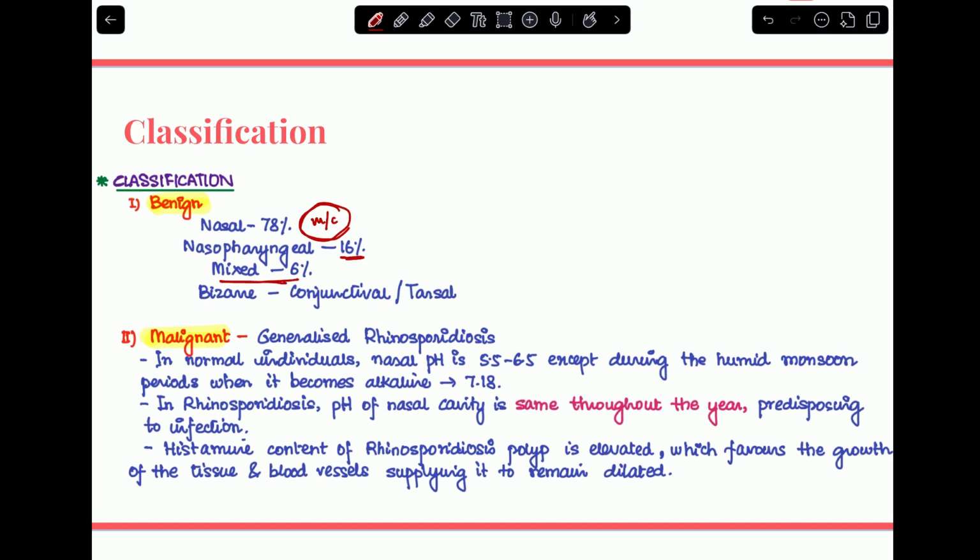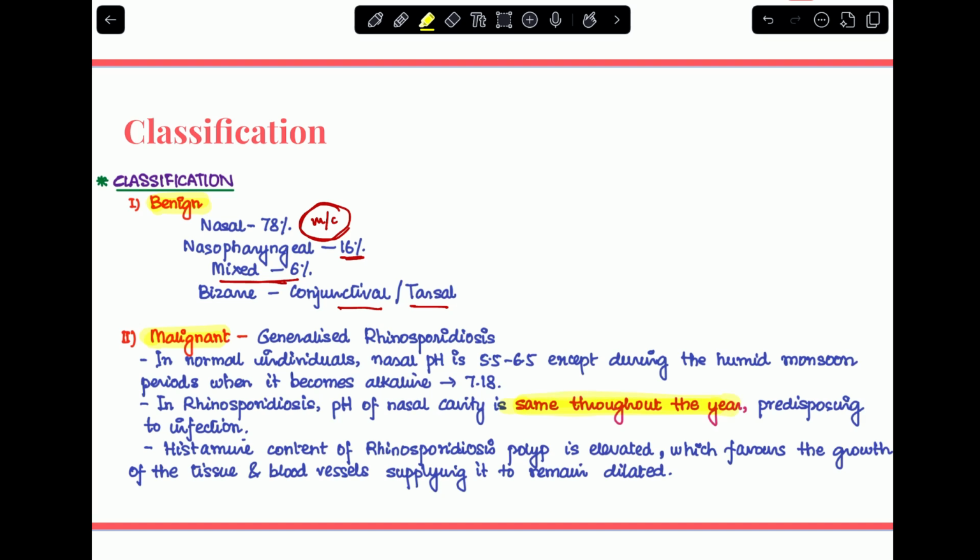And other weird, bizarre areas of involvement could be the conjunctiva and the tarsal areas. Next is the malignant rhinosporidiosis, which is basically a disseminated form of the disease. And in this disease, what is usually seen is the pH of the nasal cavity remains same throughout the year, predisposing to the infection.